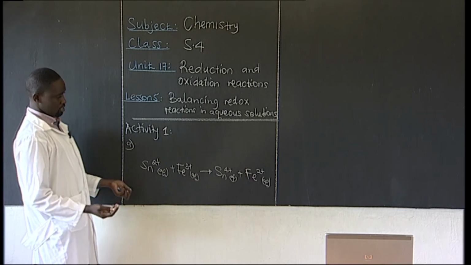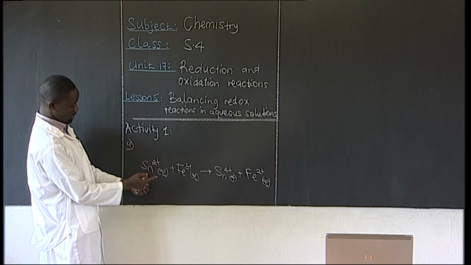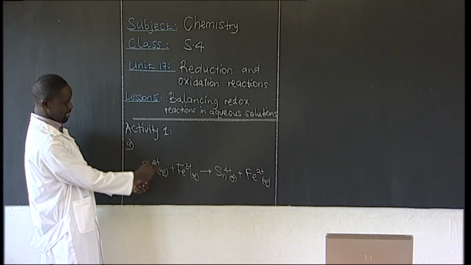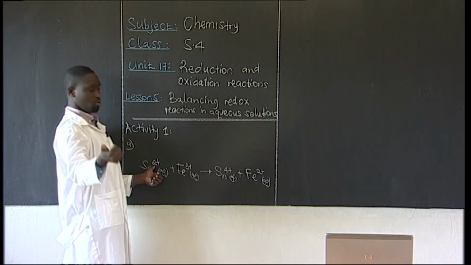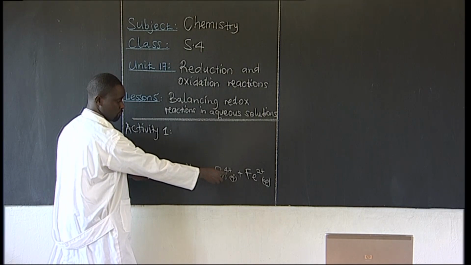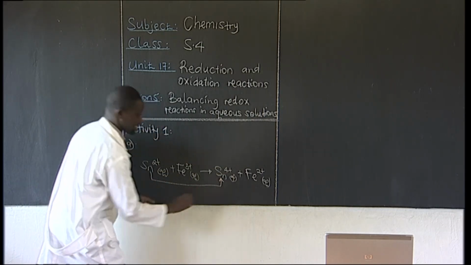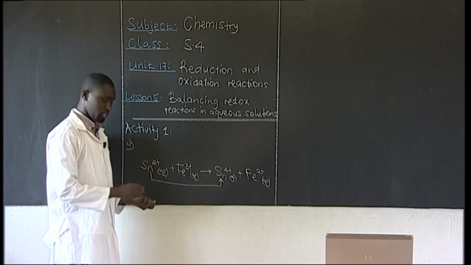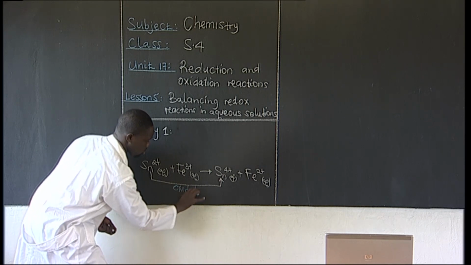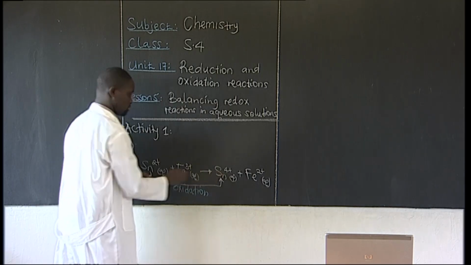Let's consider tin. Remember the principles of oxidation states. If it is an ionic compound or if it is charged, the charge becomes the oxidation state. In this case, we have +2 to +4, indicating for tin there is an increase in oxidation number, meaning this underwent oxidation because we moved from +2 to +4.